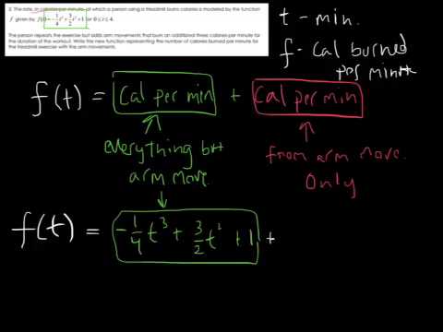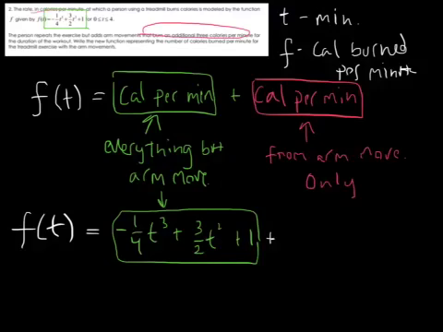So I want you to identify that, try and represent it as an expression, and then we'll come back and check. Hopefully you noticed that you're burning an additional 3 calories per minute for the duration of the workout. So we want to think very carefully about how to implement this.